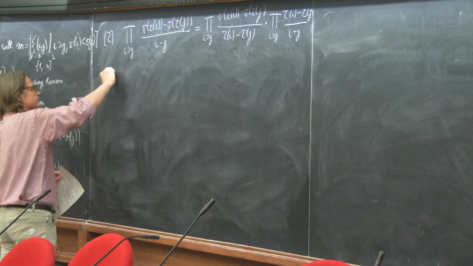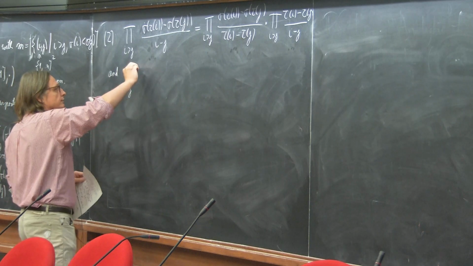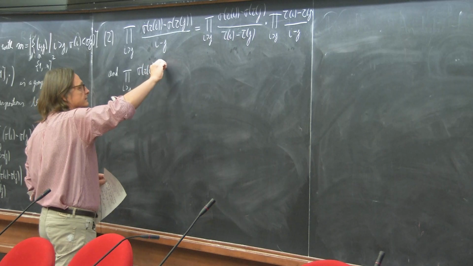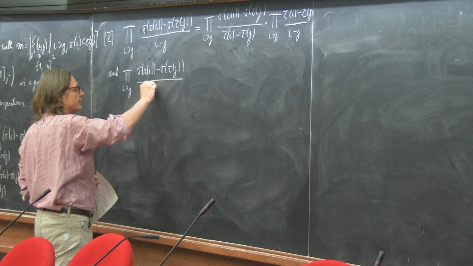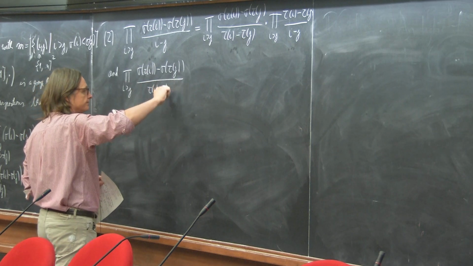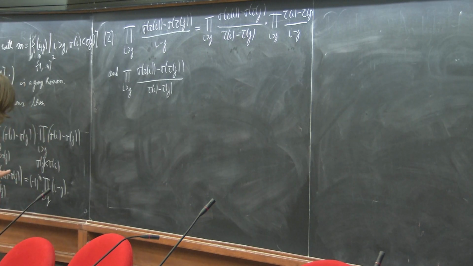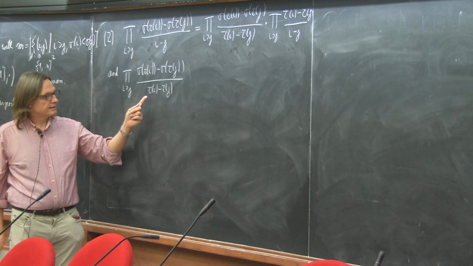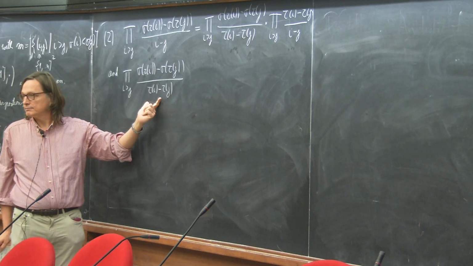So if I have a look at sigma of tau of i minus sigma of tau of j, now we can apply basically the same trick as before. If i is bigger than j and tau of i is smaller than tau of j, we want to exchange the order.